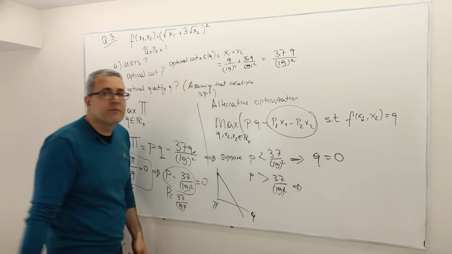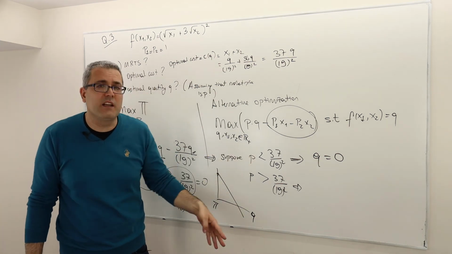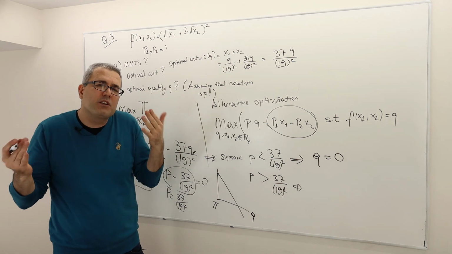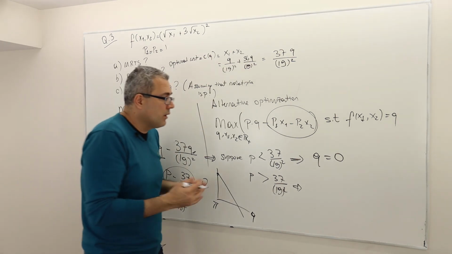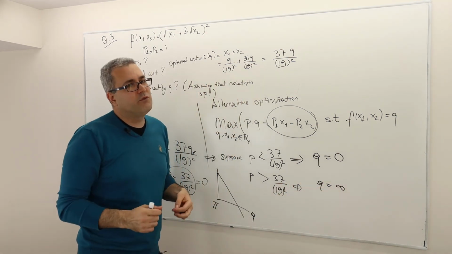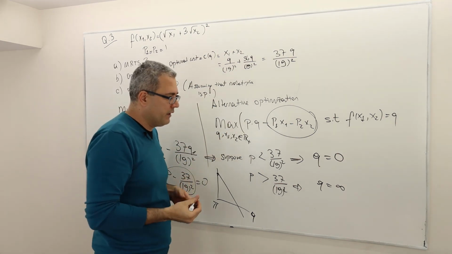What is this then? The market price is strictly higher than your marginal cost. So price greater than marginal cost means, keep producing, never stop. So what does that mean? Does that mean Q is equal to infinity? Don't forget, infinity is never a number. You can't really pick infinity.